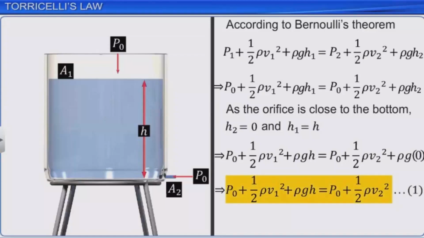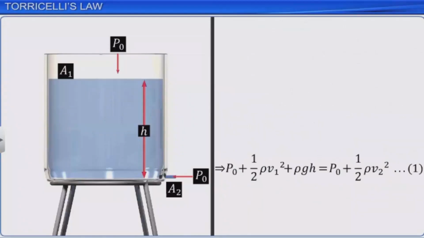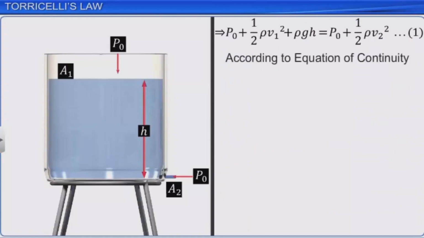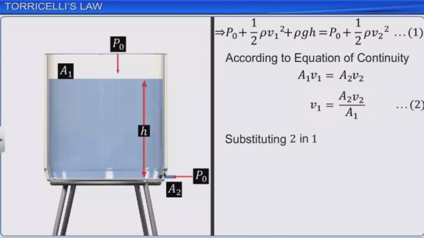Let's call this equation 1. According to the equation of continuity, A1V1 is equal to A2V2, or V1 is equal to A2V2 divided by A1. Let's call this equation 2. Substituting equation 2 in equation 1.